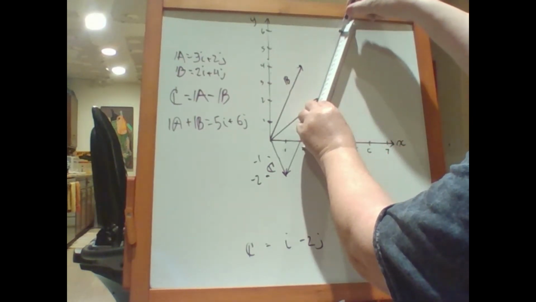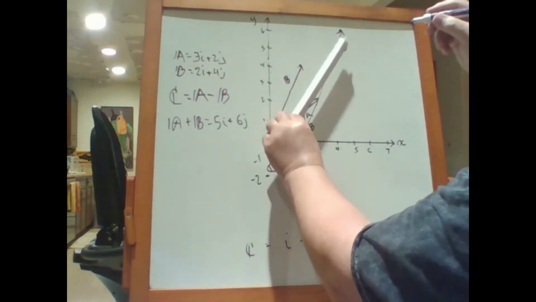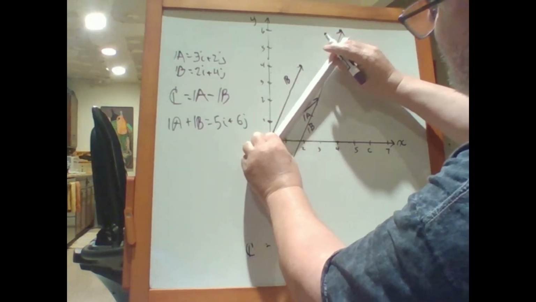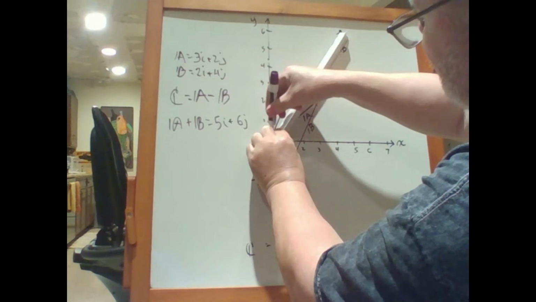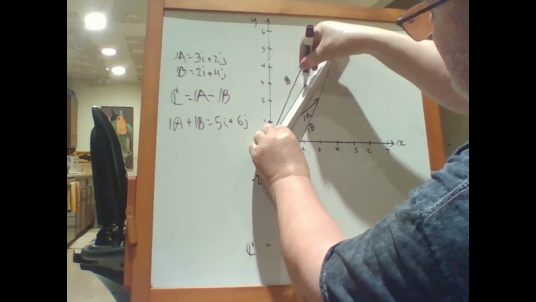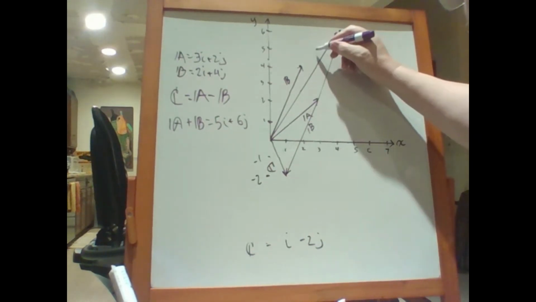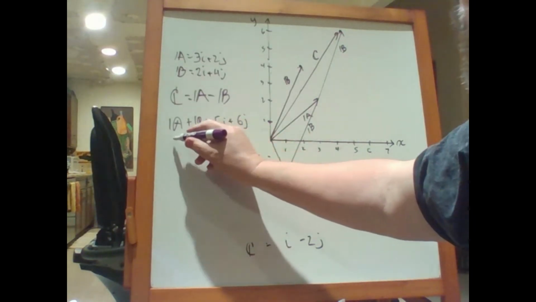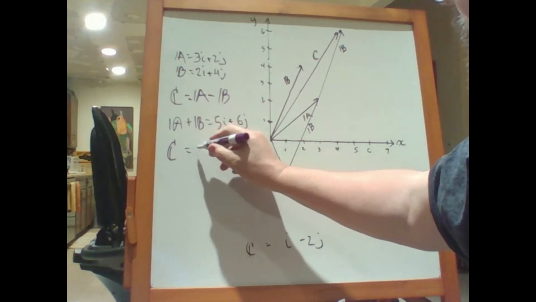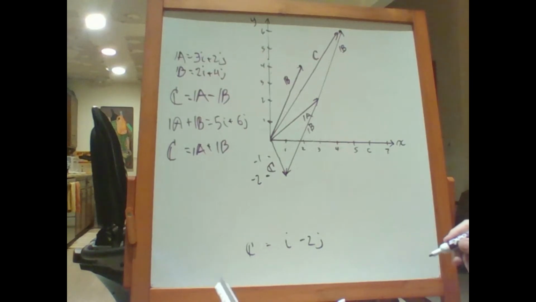That's B, and then C would be this one that joins it from way down here. And that would be C, if C were A plus B. So we have two different conditions.